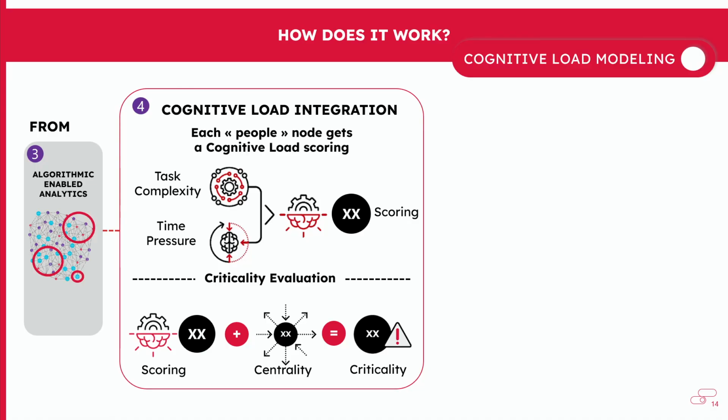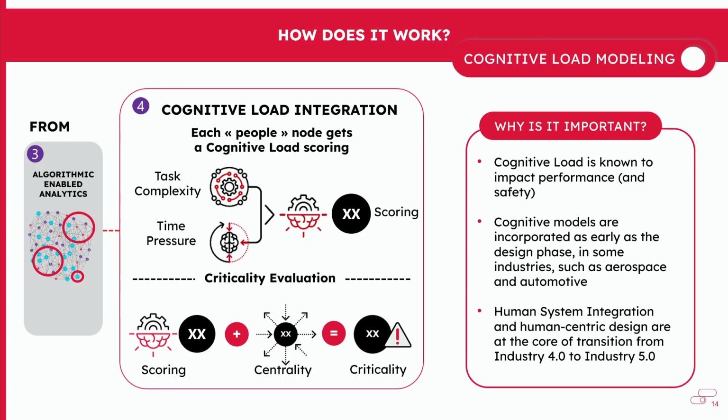Once we have the score for a node and the centrality from the previous analysis, it becomes a criticality indicator, a criticality parameter. As I was saying, this cognitive load can impact performance and safety. Cognitive loads are very integrated in many industries, such as aerospace or automotive. And this human system integration is part of the transition from Industry 4.0 to Industry 5.0.